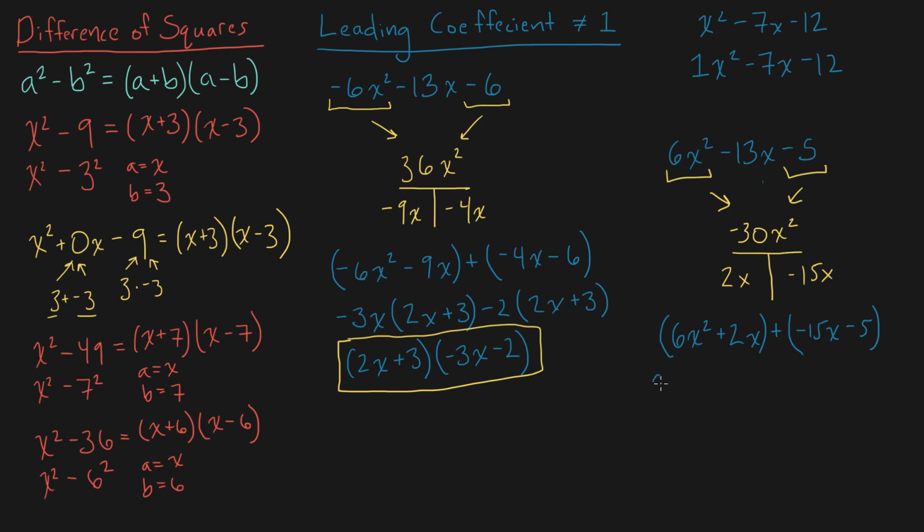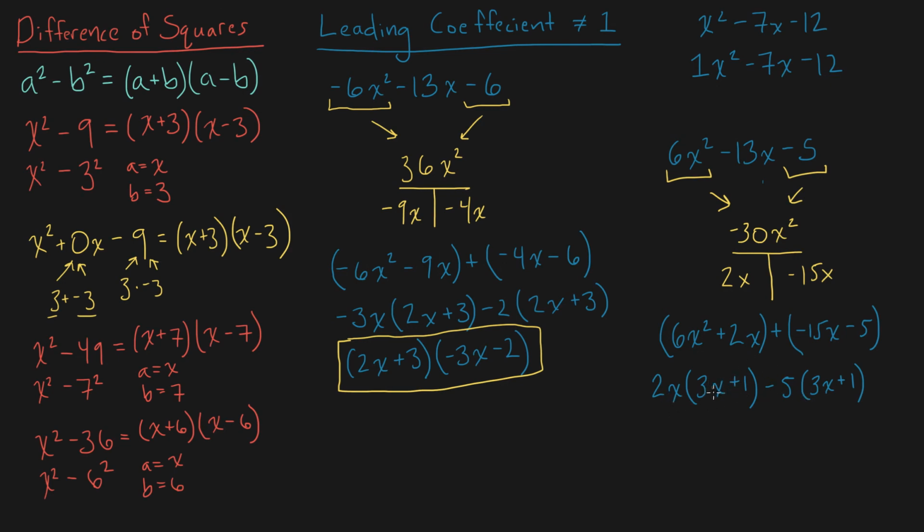So that will be 2x times 3x plus 1. And then if I factor out a negative 5, then that's going to leave inside a 3x plus 1. So again, I have the same values inside of these parentheses. I've factored out a 2x, and I've factored out a negative 5.